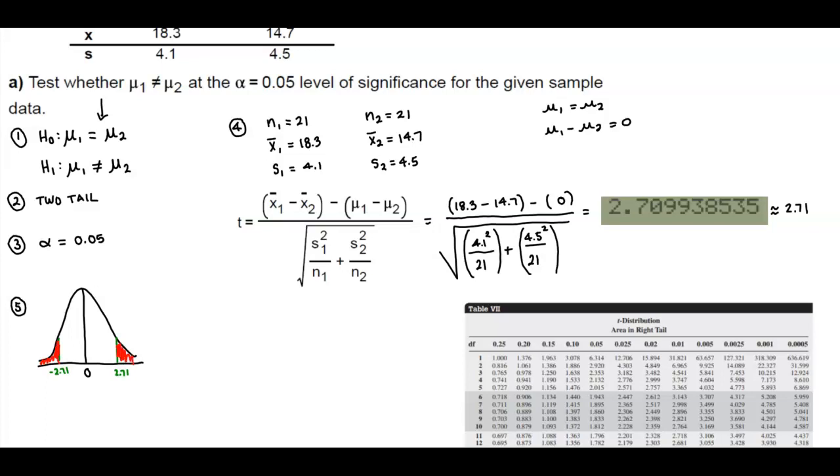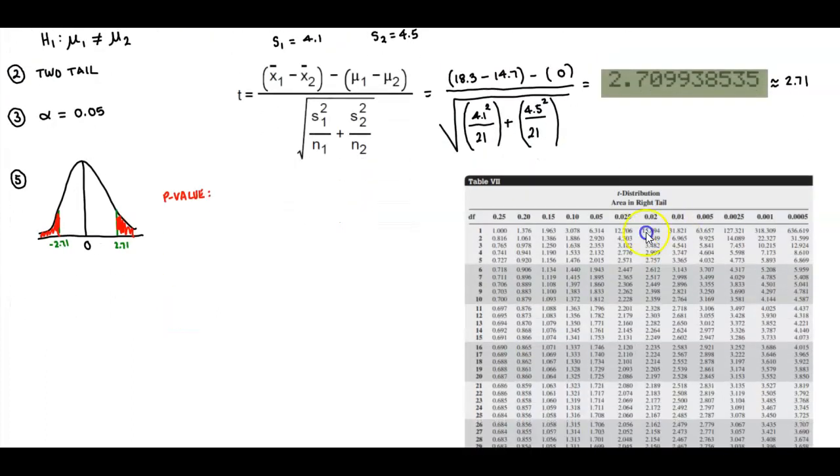So this is our p-value. Our p-value contains two regions here. But we're going to use the t-distribution.